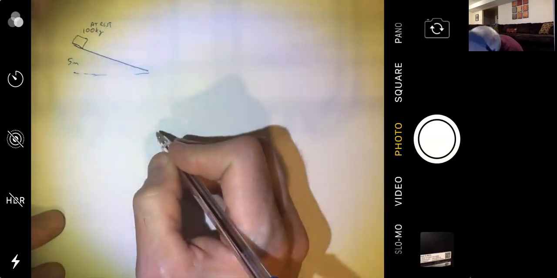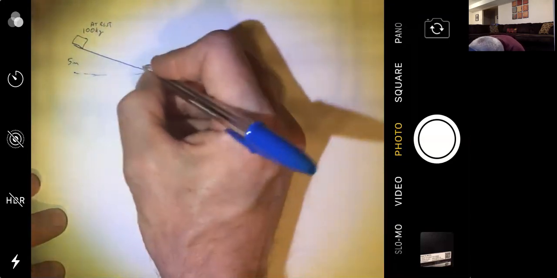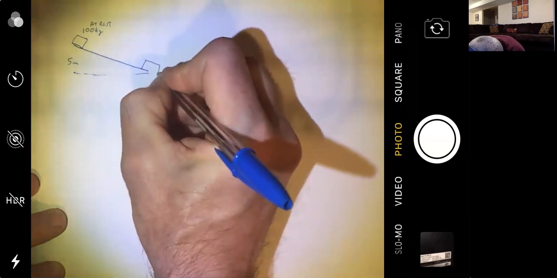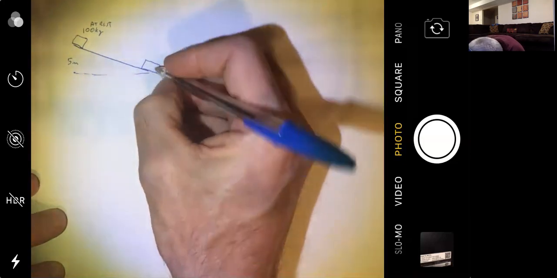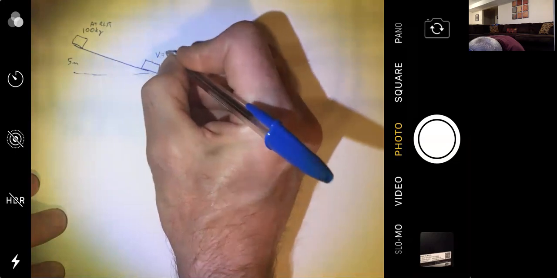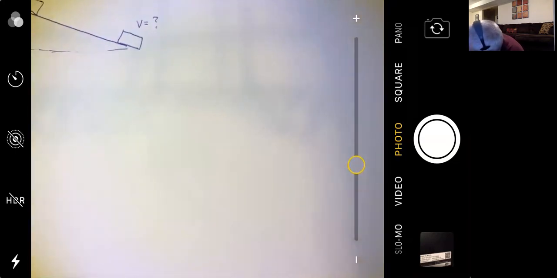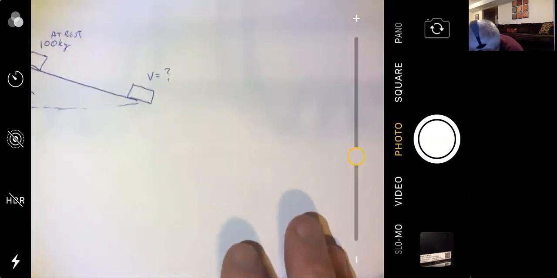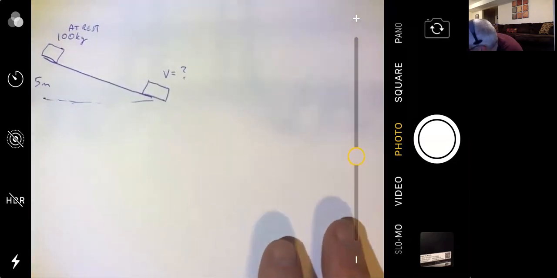All right, and then we're going to go down the 5-meter hill, and we know that we could figure out the velocity at the end of the hill using this conservation of energy stuff that we were dealing with last week. I'm going to make that a little bit bigger for you guys at home here. So we could totally work with conservation of energy here.